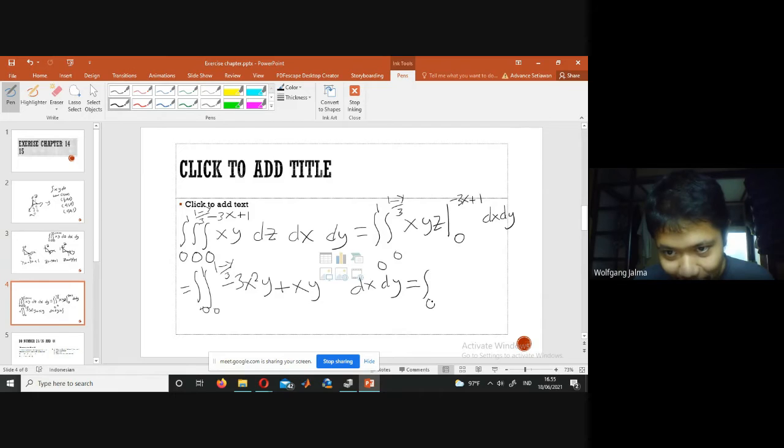So here the problem, right? Minus x3 y plus half x squared y, 1 minus y over 3 dy.